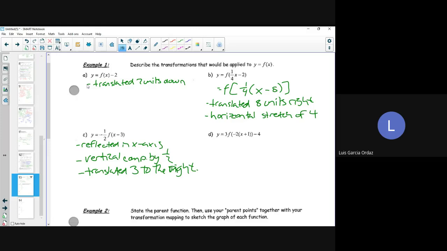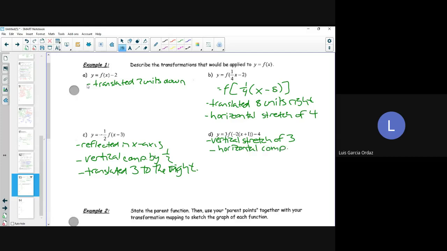So the last one we have has all 4. What would the first one be? It's a vertical stretch of factor 3. Anything else? Horizontal compression, just half, not negative half.